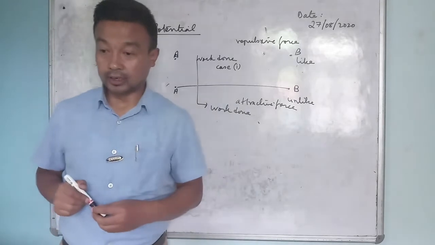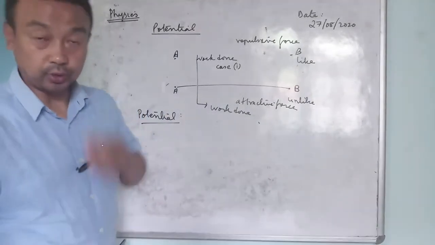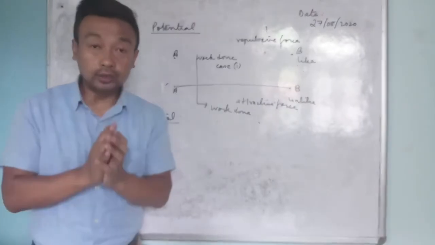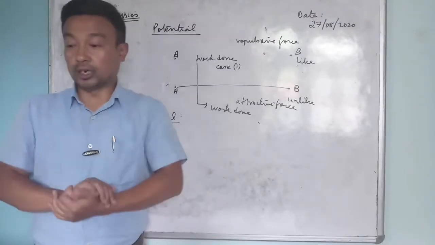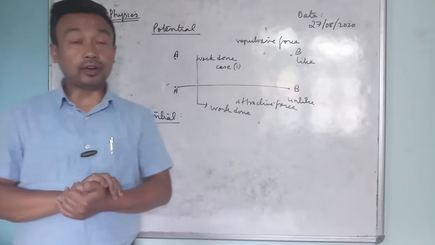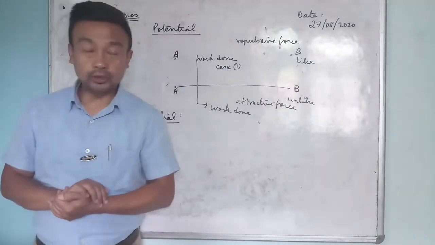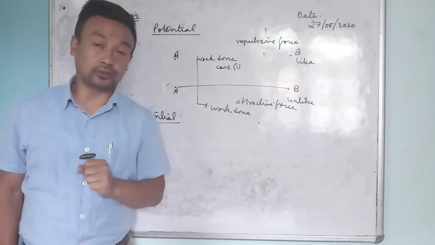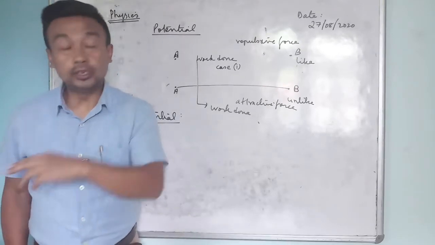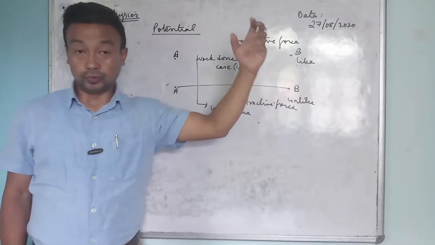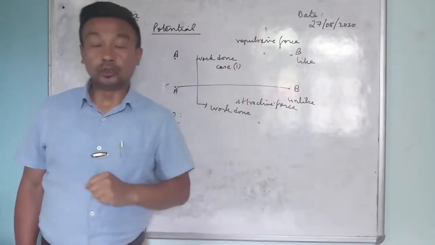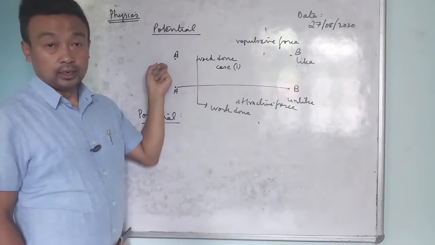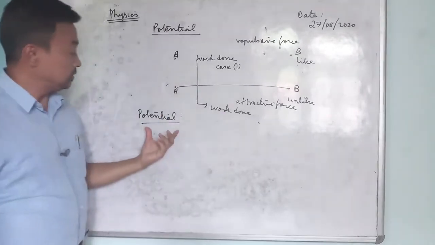Potential at a point is defined as the work done per unit charge, keep that in mind, in bringing a positive test charge from infinity to that point.